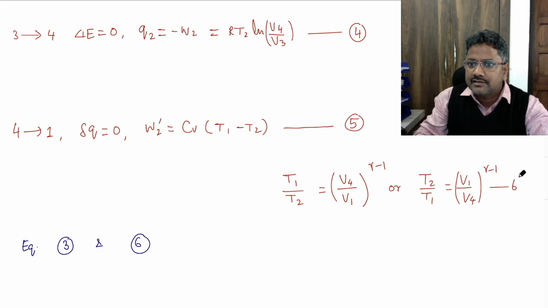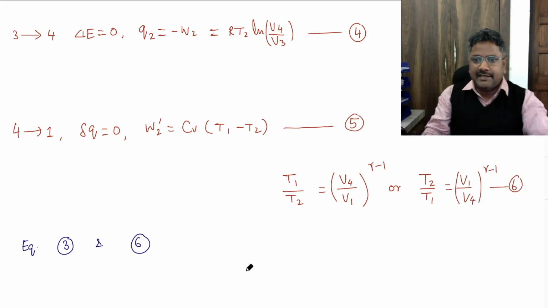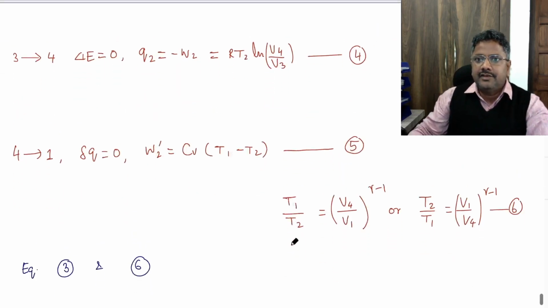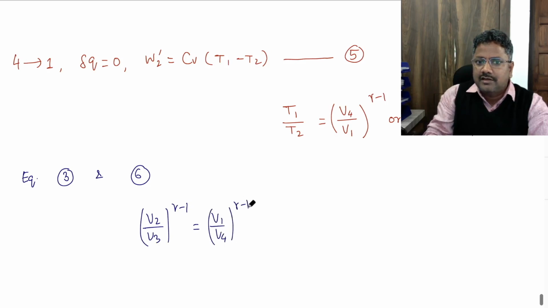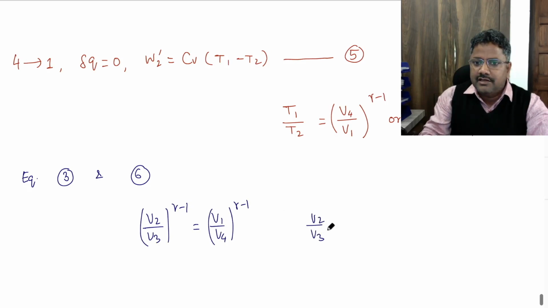This is equation 6. So now you can write from equation 3 and 6 that V2 by V3 to the power gamma minus 1 is equal to V1 by V4 to the power gamma minus 1. So you can write here V2 by V3 is equal to V1 by V4.